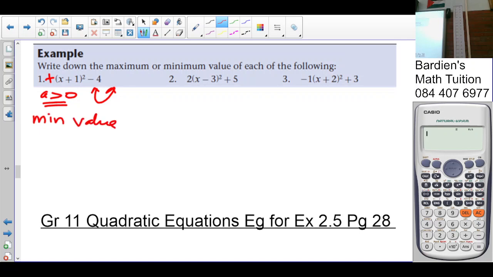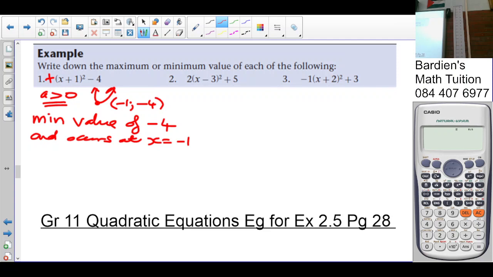Now later on, I'll show you how we get the coordinates of this turning point, but that deals with graphs in chapter 5. For now, you're going to accept that this point here is the additive inverse of this, which is negative 1 and negative 4. So we say this graph has a minimum value of negative 4 and occurs at an x value of negative 4.